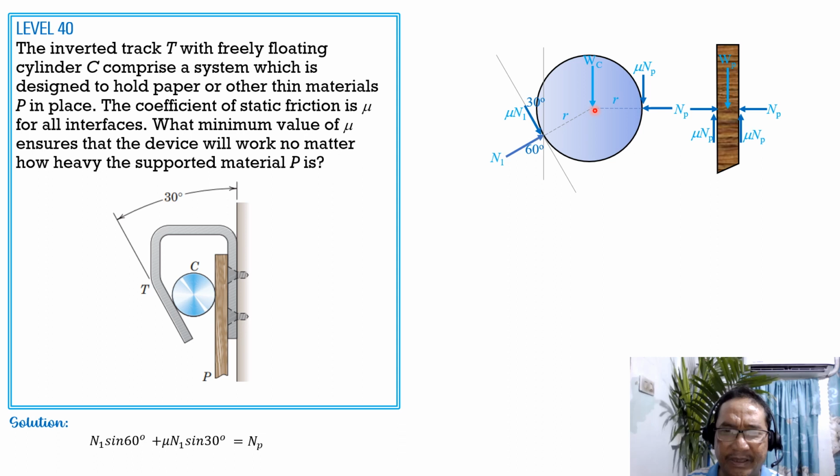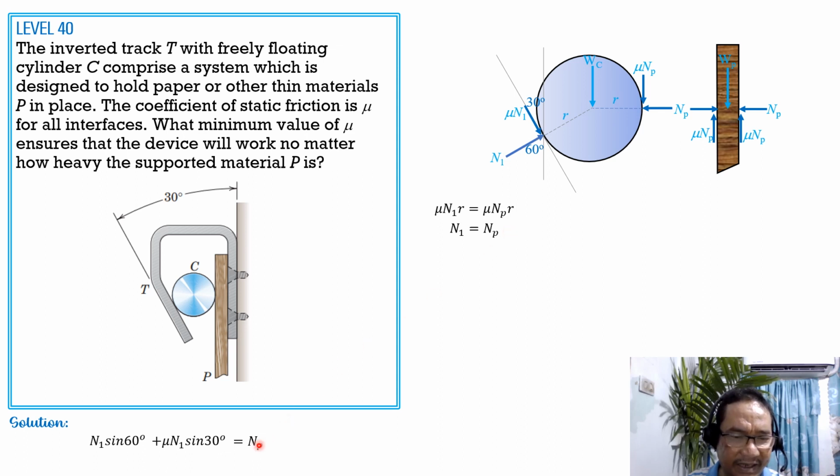Then summation moment about the center of the cylinder equals 0. So mu N1 times R equals mu NP times R. So this is counterclockwise, this is clockwise. So if we cancel mu and R, we conclude that N1 equals NP.